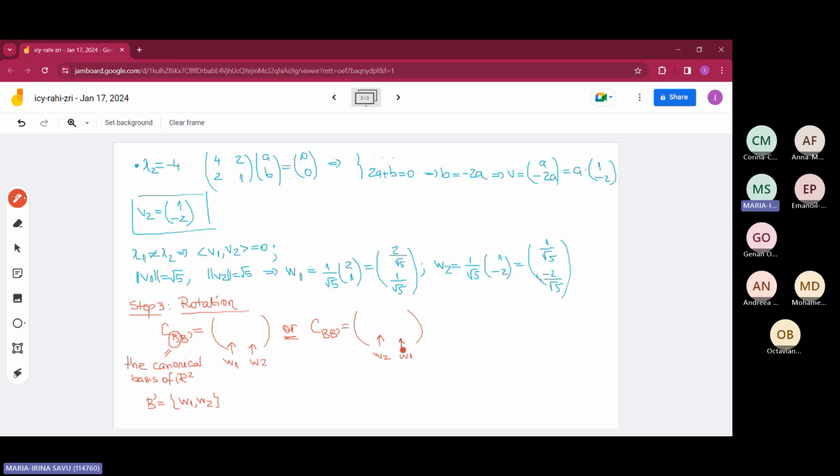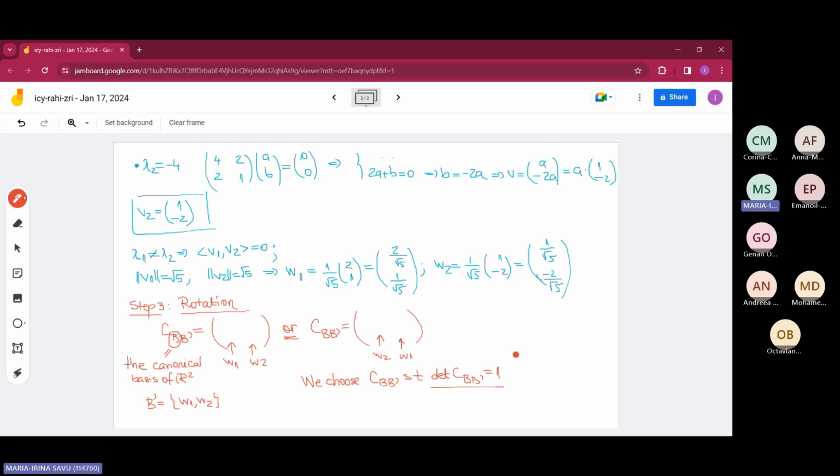But the idea is to choose the matrix with determinant equal to 1. We choose C_B,B prime such that the determinant of C_B,B prime is 1.